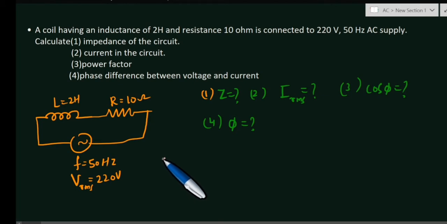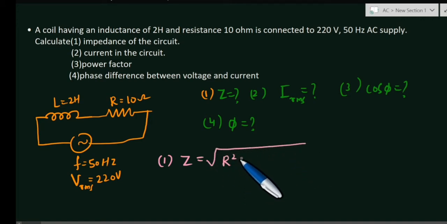The first one, we need to calculate the value of Z. We have Z is equal to square root of R square plus XL minus XC whole square. Since there is no capacitor connected in the circuit, therefore the XC value is equal to 0.